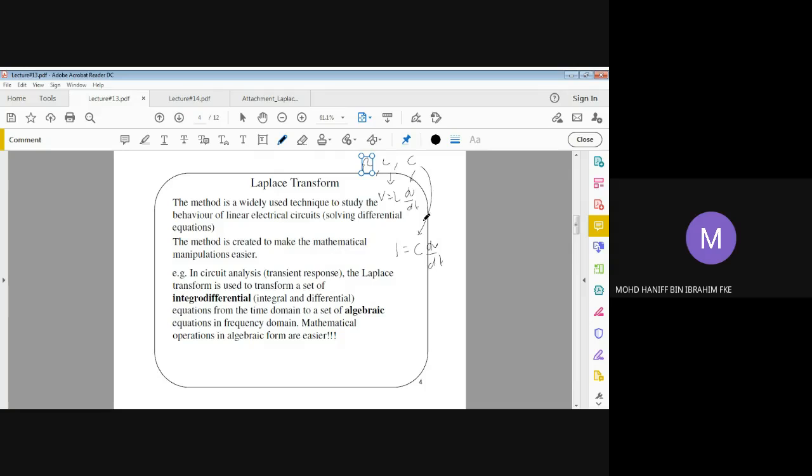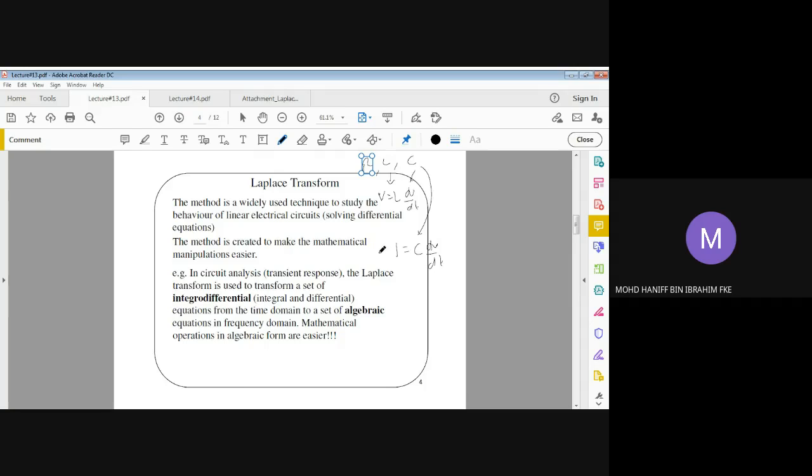So in the time domain, based on these equations of R, L and C, the equations of the circuit will involve differentiation and also integration.